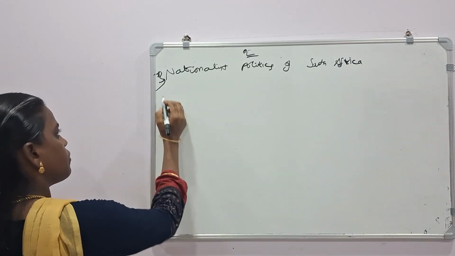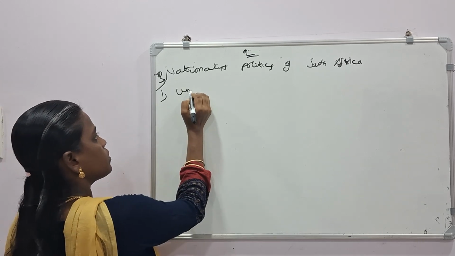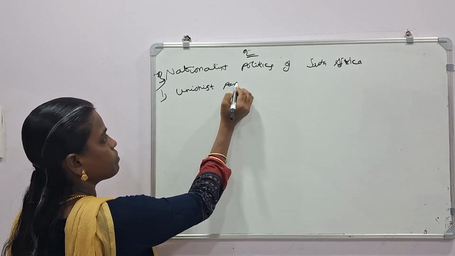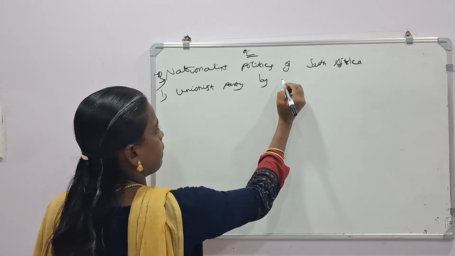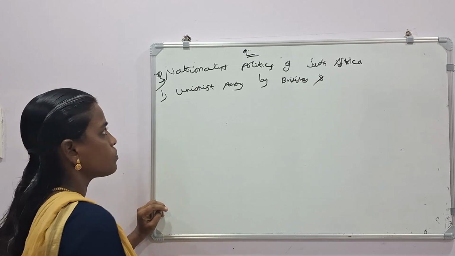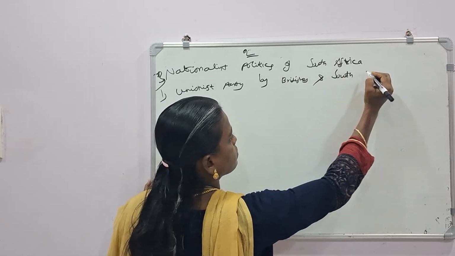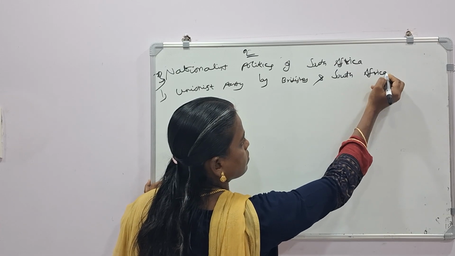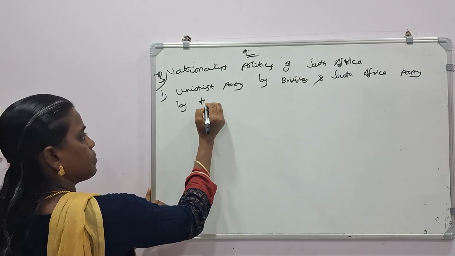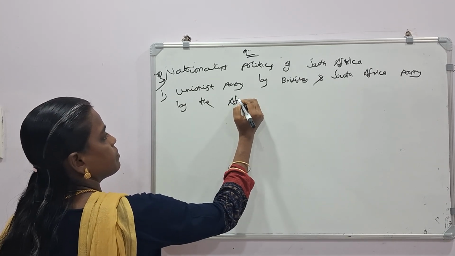First point, there were two parties in South Africa. One was the Unionist party by the Britishers, and the South Africa party by the Afrikaners.